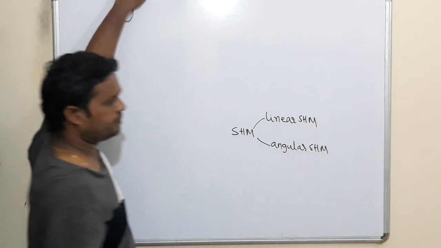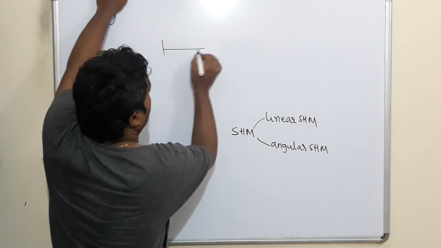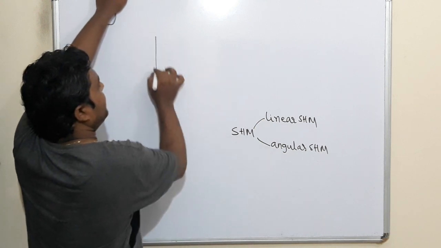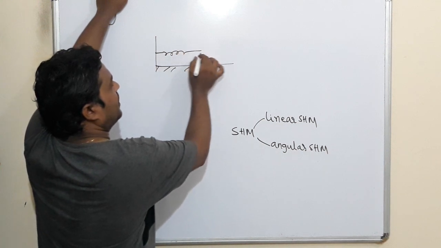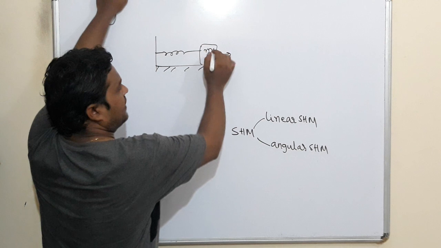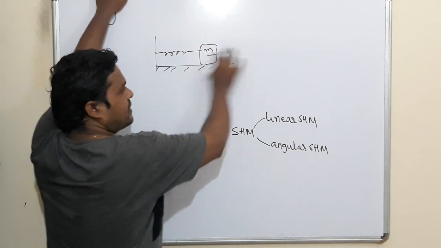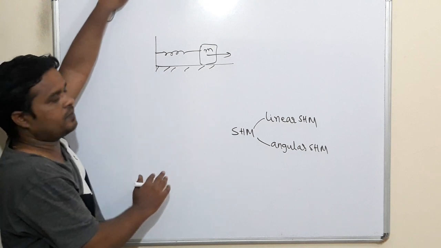angular SHM. For linear SHM, suppose this is a rigid support, this is ground, and here we have some spring and a block which is displaced like this. If it is oscillating along a straight line, then it is called linear SHM.